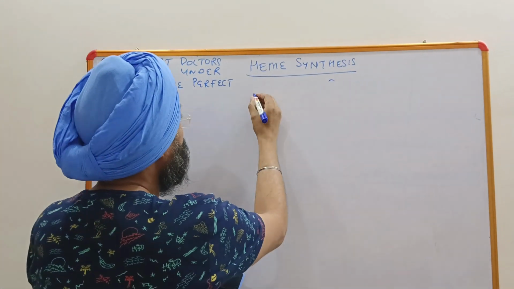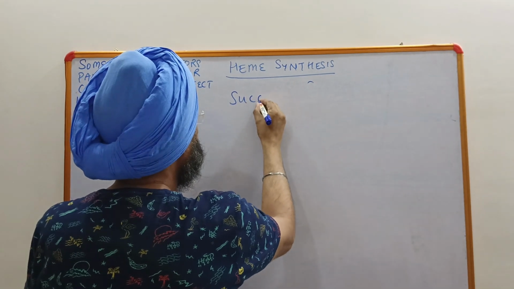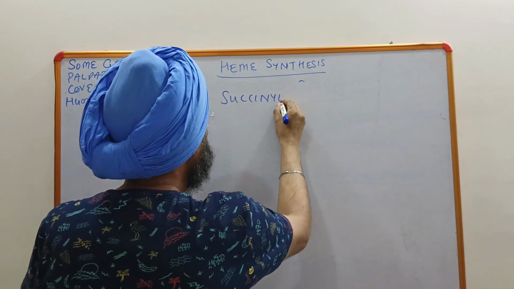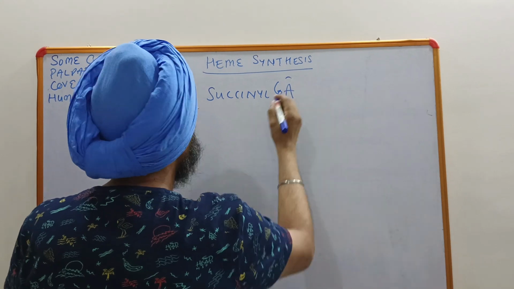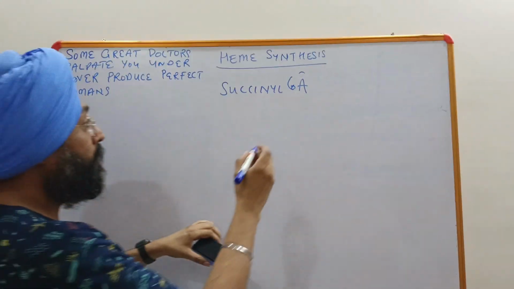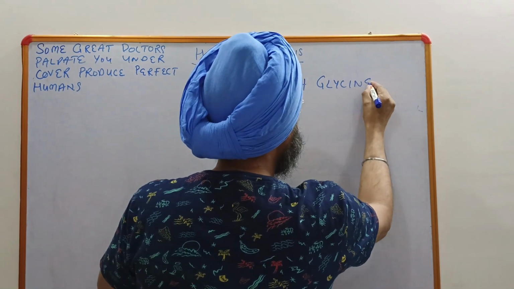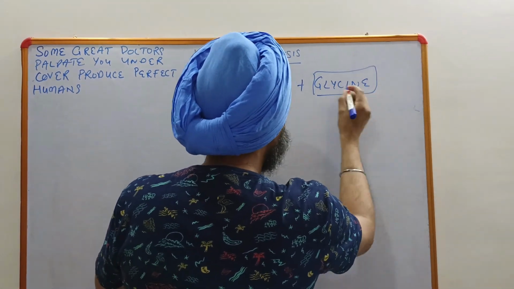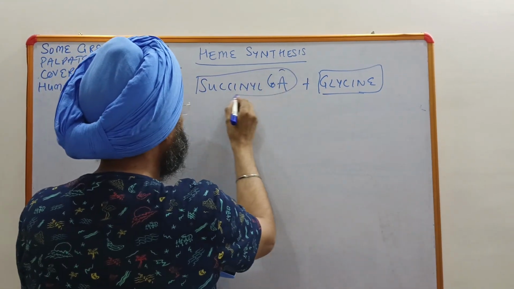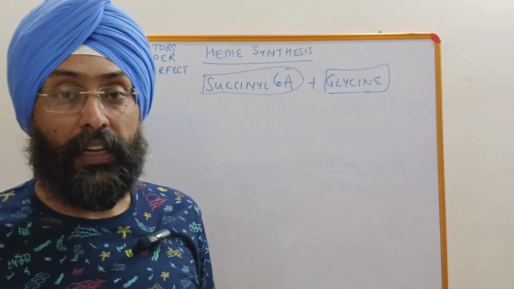So S for succinyl CoA and G for great, for glycine, right? So these are the two precursors from which heme synthesis will start.